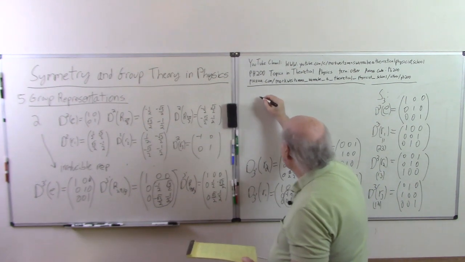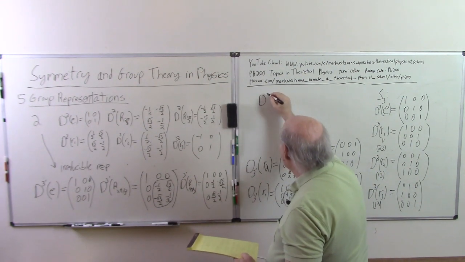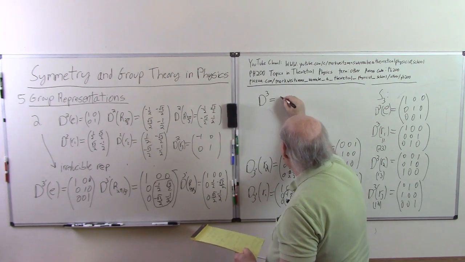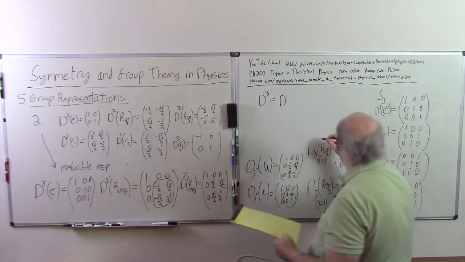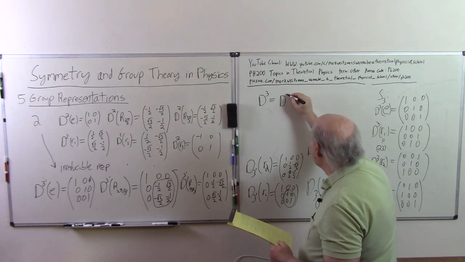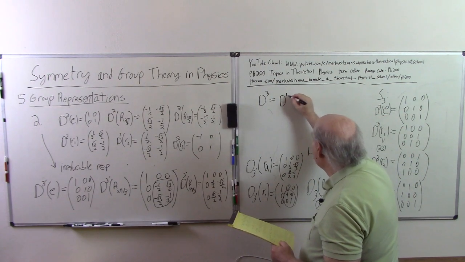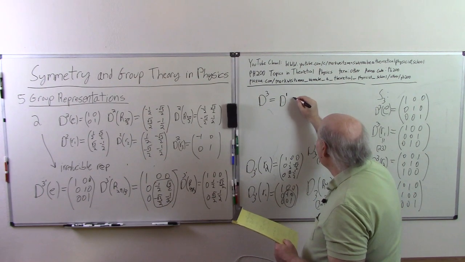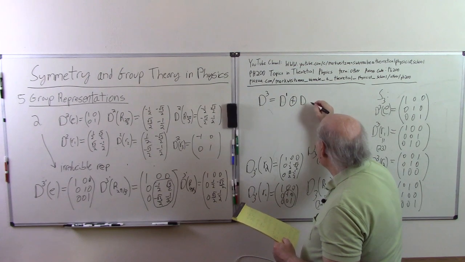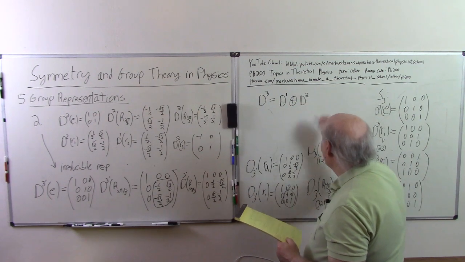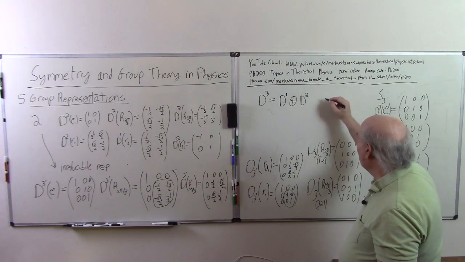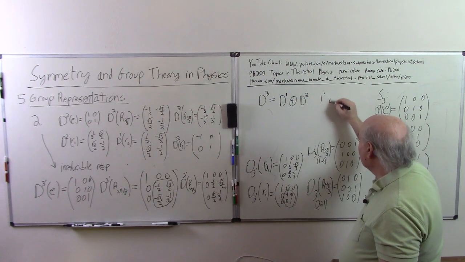But what we've essentially shown is that D3, the defining representation, is equal to D1, or D even, the direct sum of that plus D2. And what's interesting is that the 1 prime does not occur.